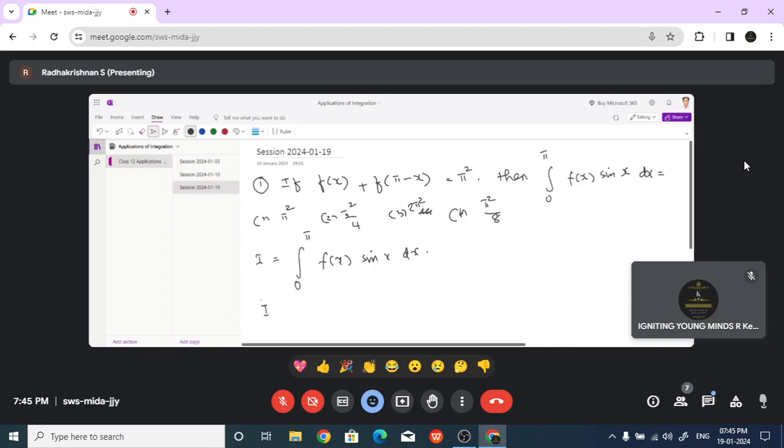Okay, see, there is a property of definite integrals that we can use here. If the integral from a to b of f of x into something dx is equal to, we can write it as the integral from 0 to pi of f of pi minus x.